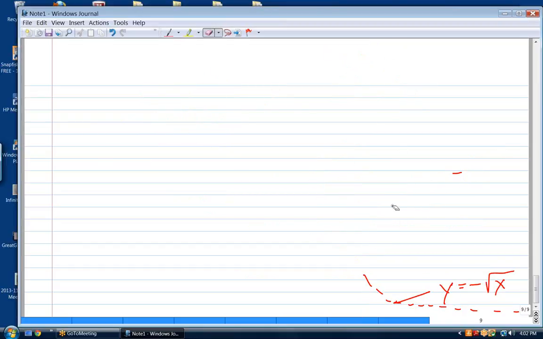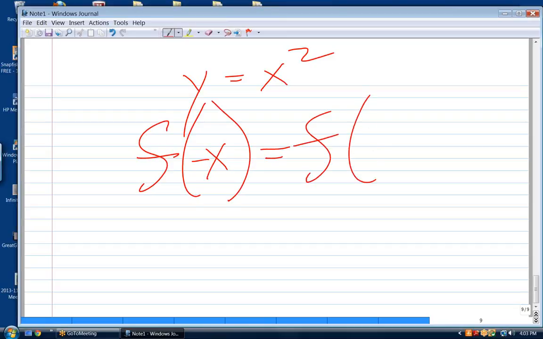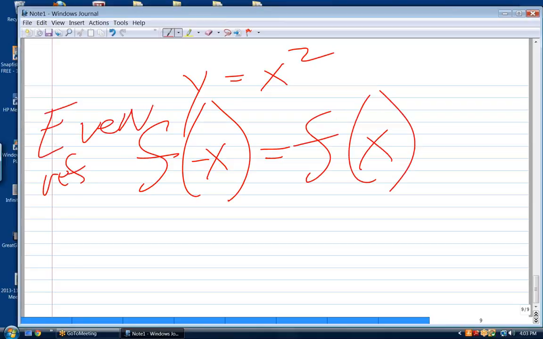You've studied that? Studied what? Even and odd functions. I don't think so. Okay? Let's talk about that for a moment, because you'll get to it if you haven't yet. If f of minus x is equal to f of x, a function is even, and it means it's reflected about y.